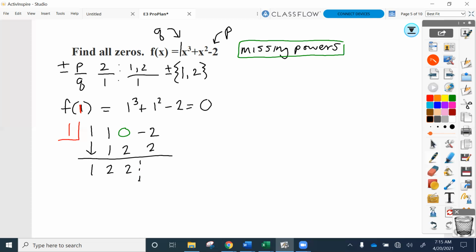And we knew that 1 was a 0, so it's no surprise that our remainder is 0. What that does give us, though, is a depressed equation. So that depressed equation is, let's see, we started out with cubed, so this would be x squared plus 2, move down 1 power, x plus 2 equals 0.